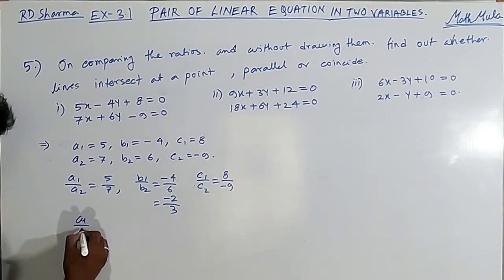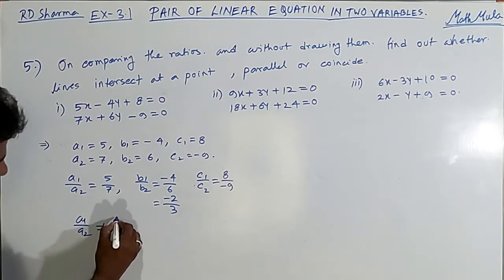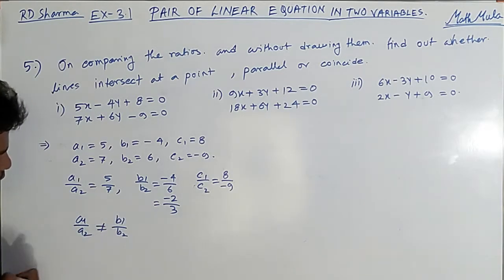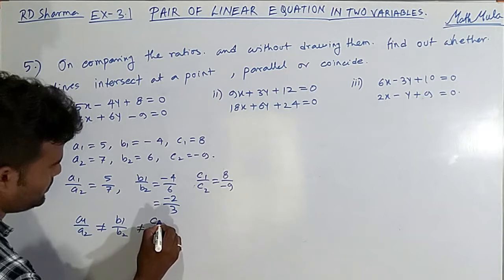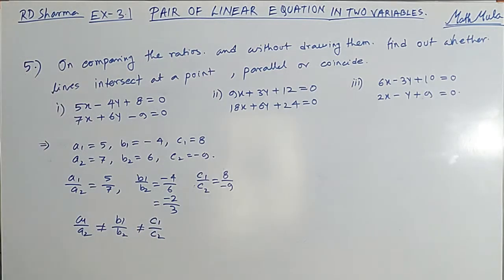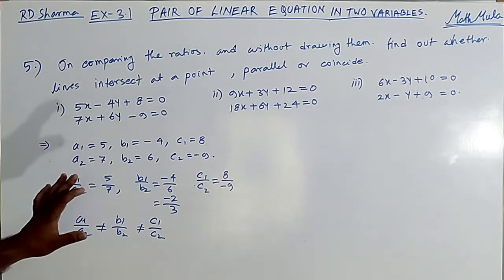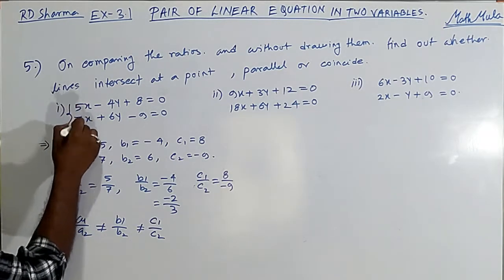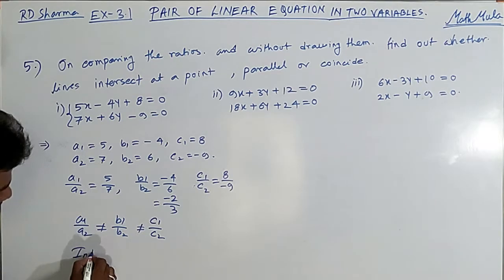That means a1 by a2 is not equal to b1 by b2, nor is it equal to c1 by c2. Now from the first condition, if the ratio of the coefficients of x is not equal to the ratio of the coefficients of y, then we can say the lines are intersecting. So the given lines are intersecting lines.